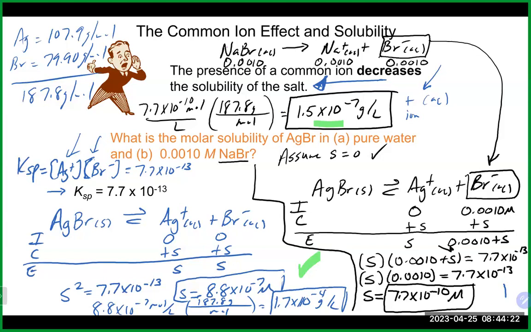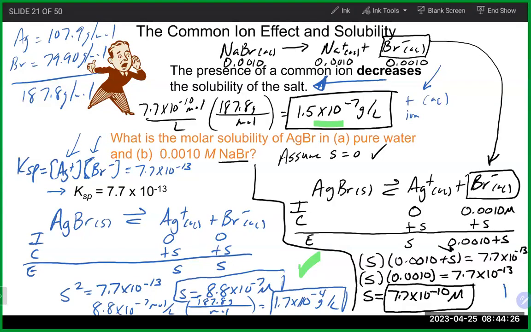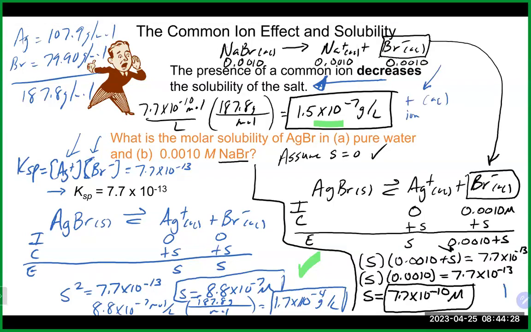So it is more soluble in the water. The reason is because of that common ion, it is going to push the equilibrium back this way, keeping this together. And that is reflected in either comparison of the molar solubility on both sides or the solubility in grams per liter. Any questions on any of that there?